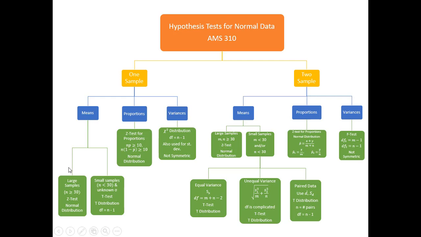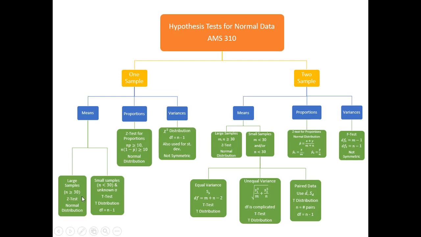So we're going to cover these two cases that you see down here in this video, and in a second video we'll take a look at inferences involving proportions and variances. As you can see over here, in the first group we're going to look at cases that have fairly large samples.